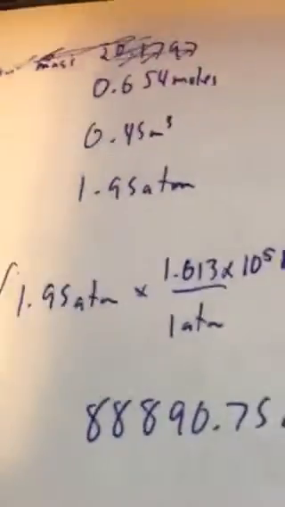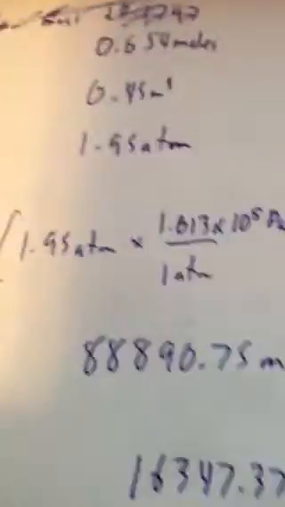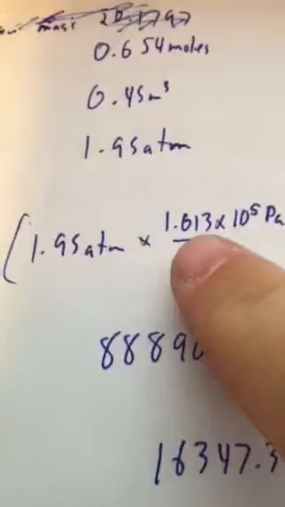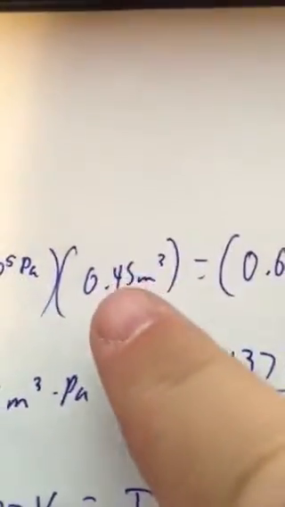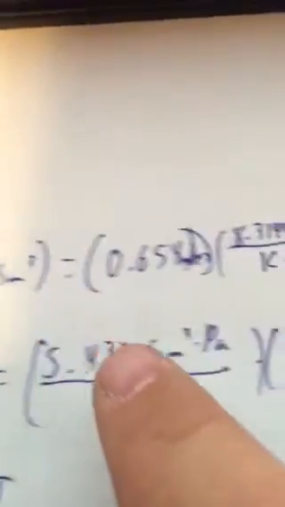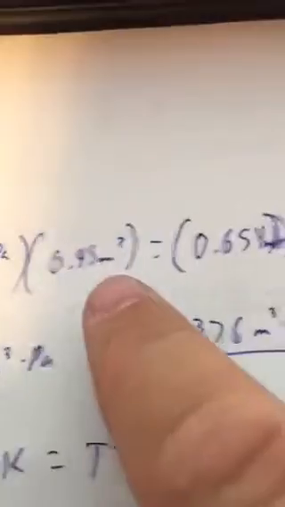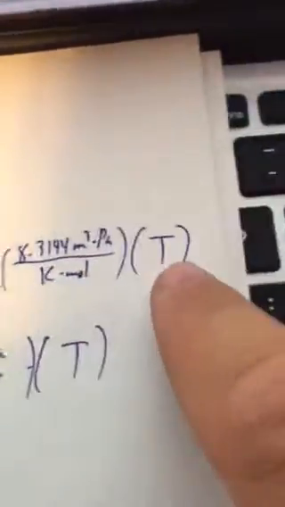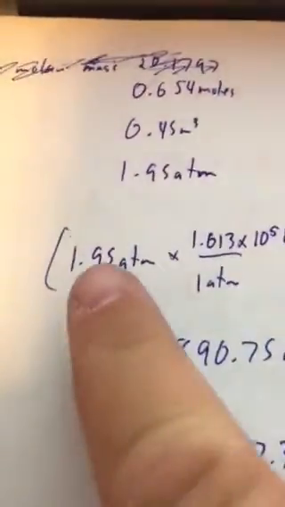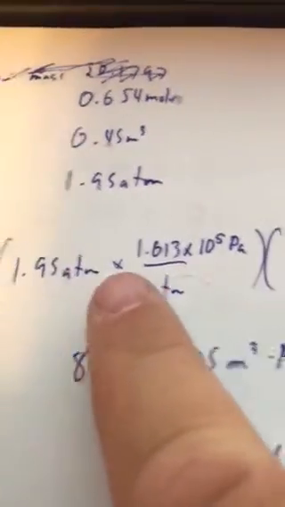So doing dimensional analysis, or whatever you call it, it's pressure with a bit of conversion attached to it, times the volume, times number of moles, times our constant, times an unknown temperature. PV equals nRT. Okay, so the atmospheres was 1.95, we were told.